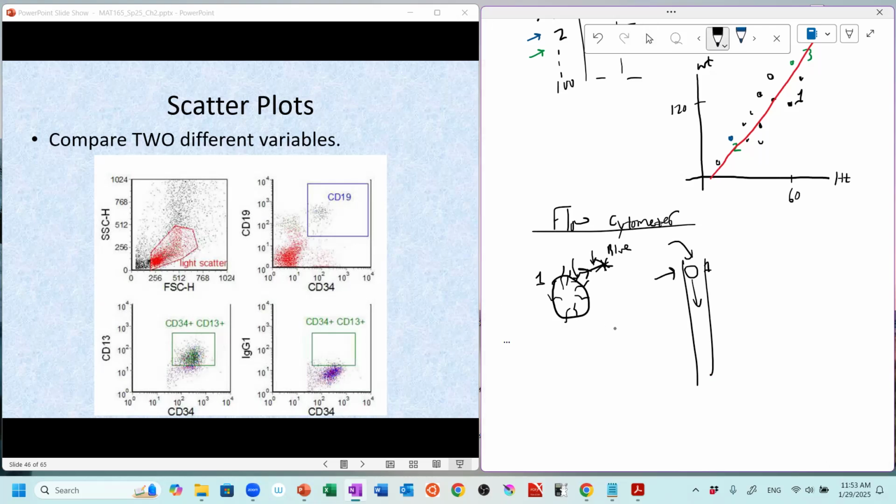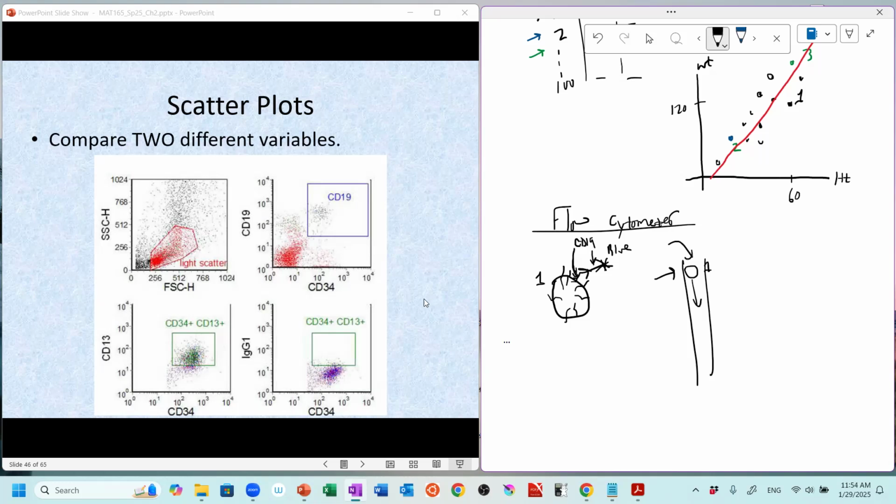So this protein here might be what we call, say, CD19, cluster of differentiation 19. If our cell is expressing that protein really strongly on its surface, that might lead us to believe it's a certain kind of cell, whereas if it's not expressing that at all, we might think it's a different kind of cell, or maybe we think it's cancerous versus non-cancerous on that basis, or something like that.